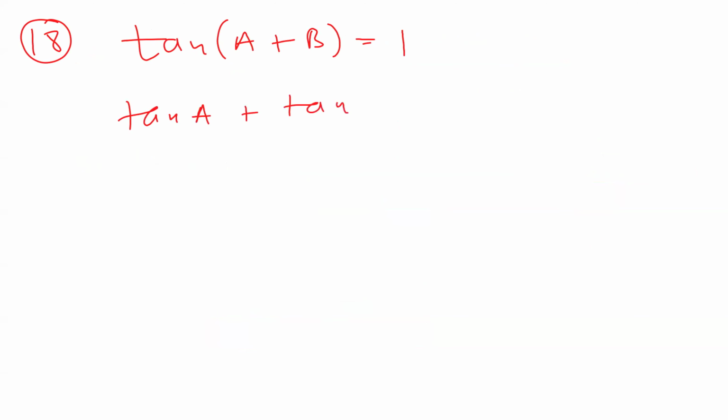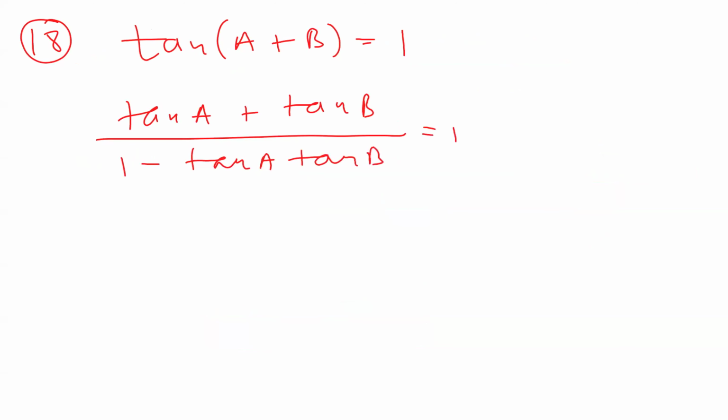So question number 18. Tan A plus B is equal to 1. So that is equal to tan A plus tan B upon 1 minus tan A tan B. That is equal to 1.